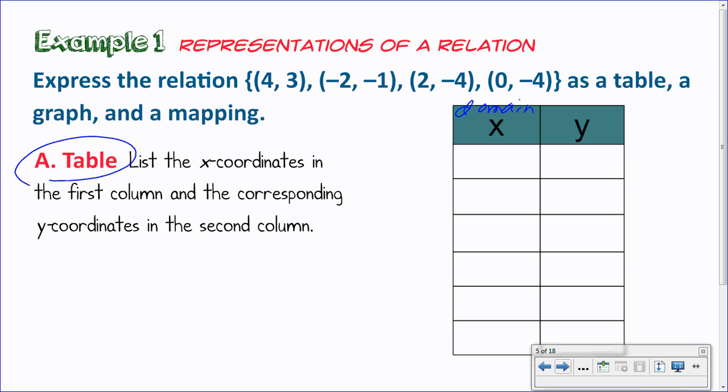And then we list the corresponding y. What does it mean by corresponding? What's the corresponding number to 4? 3. It's right next to it, right? So right here goes 4. The corresponding y is 3. What's my y column? Range.